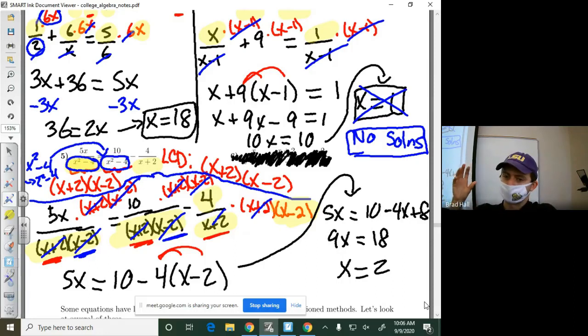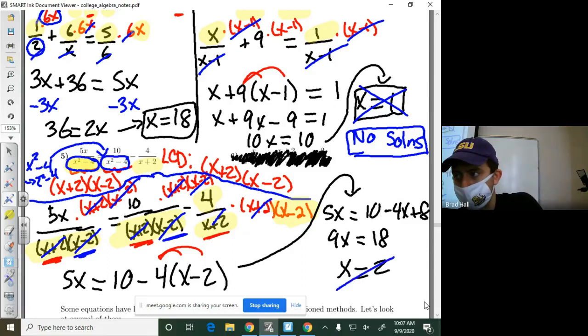You have to really just look and see, and you can check the denominators themselves and think to yourself, all right, does the value that I got put a 0 in any denominator here at the very beginning? If the answer is yes, then you toss it. If the answer is no, then you keep it. Here, the answer is yes, so we have to toss it and say no solution.